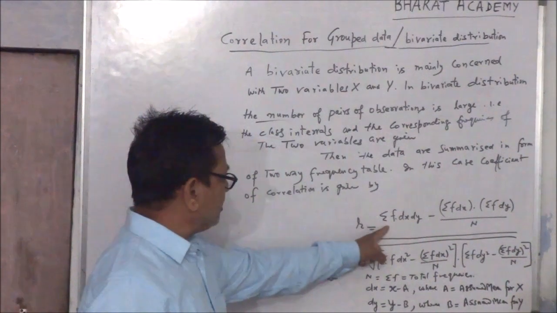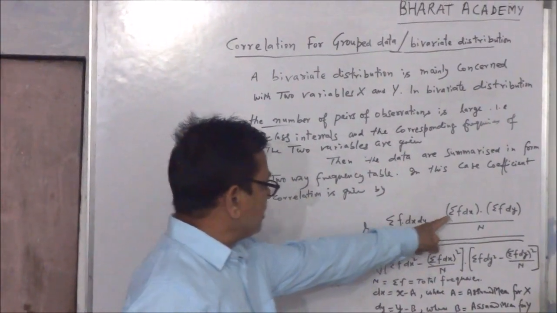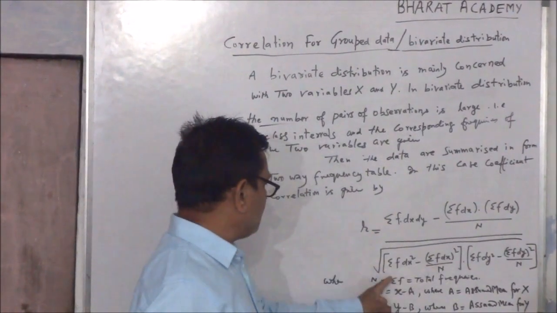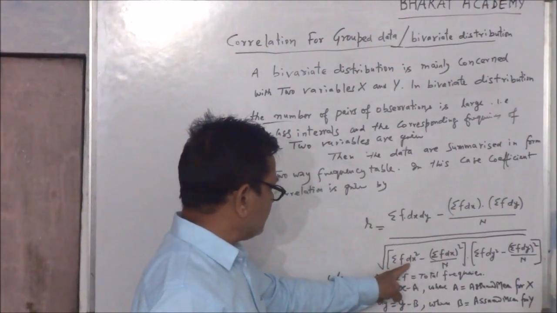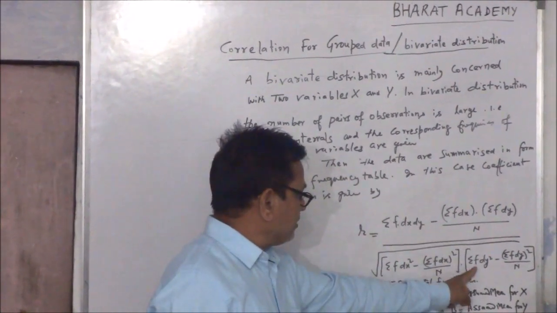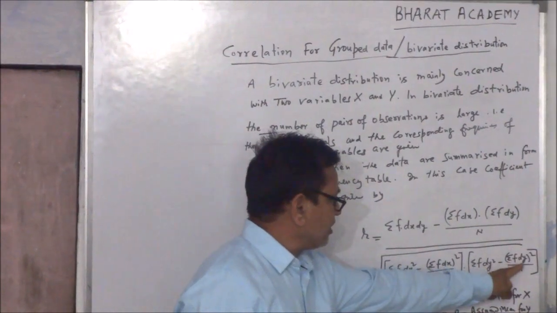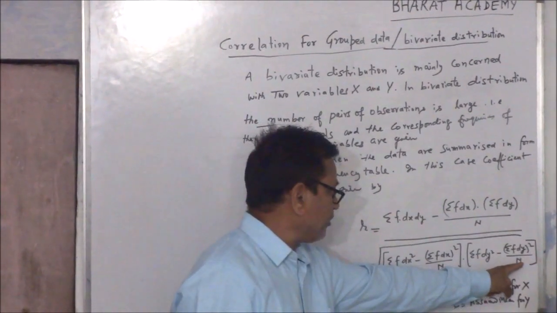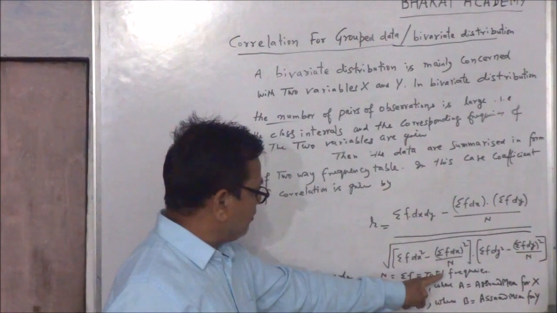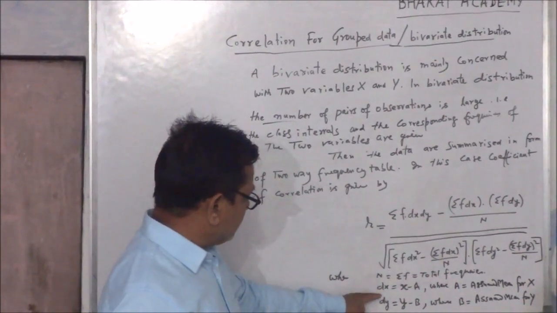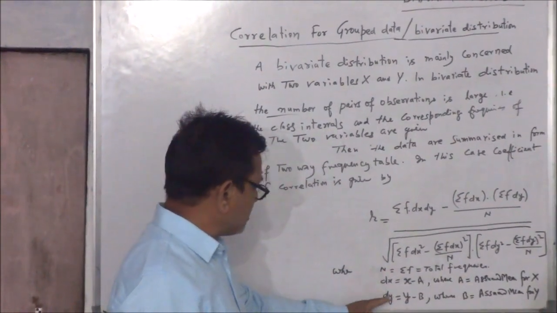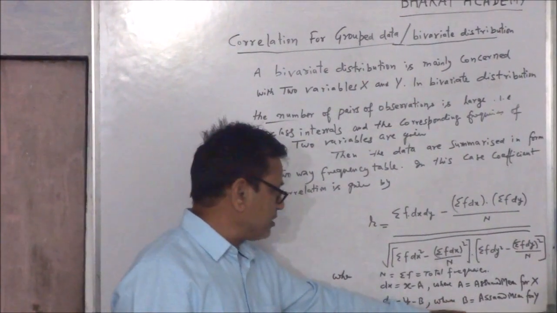Small r equals summation f dx dy minus summation f dx into summation f dy upon capital N, whole divided by under root of bracket start summation f dx square minus summation f dx its whole square upon N, into bracket starts summation f dy square minus summation f dy its whole square upon capital N, and the bracket closed, where this capital N is the total frequency and dx is x minus a, where a is the assumed mean for x, and dy is y minus b, where b is the assumed mean for y.